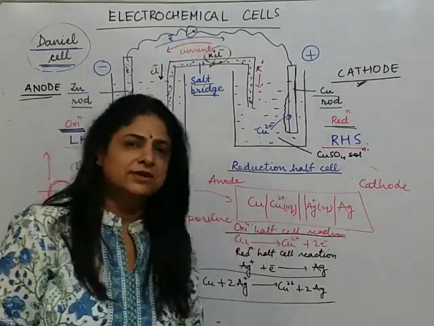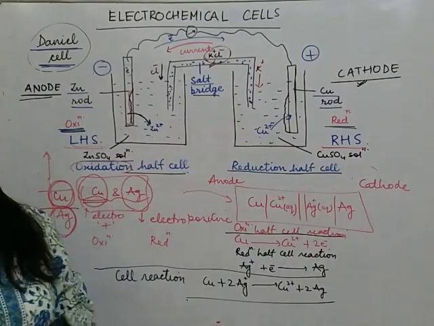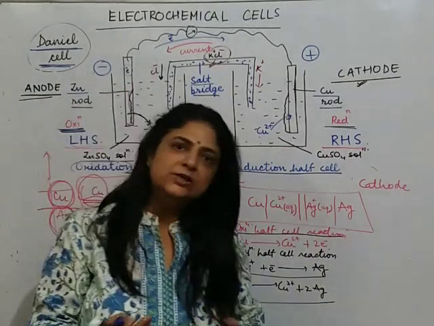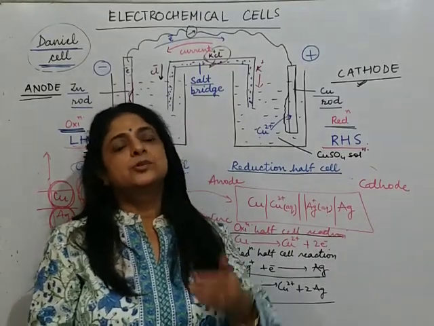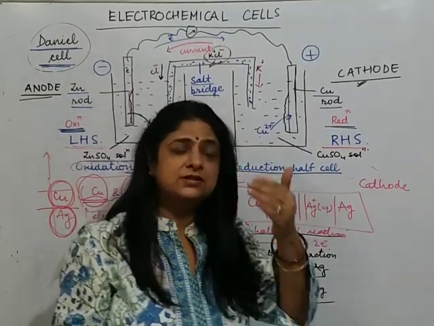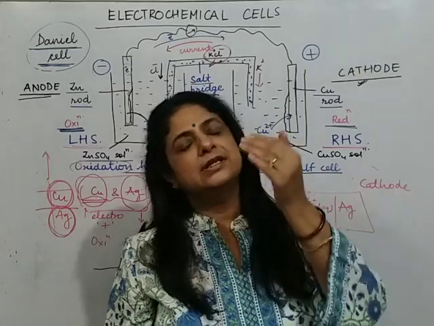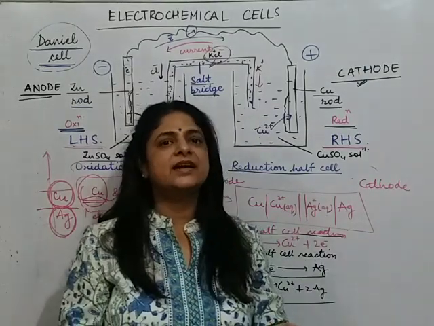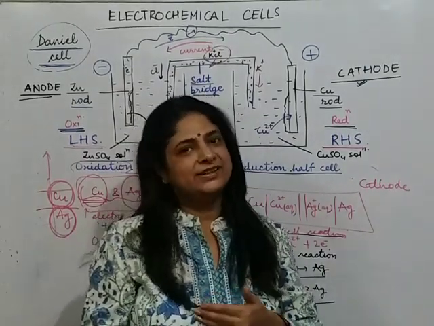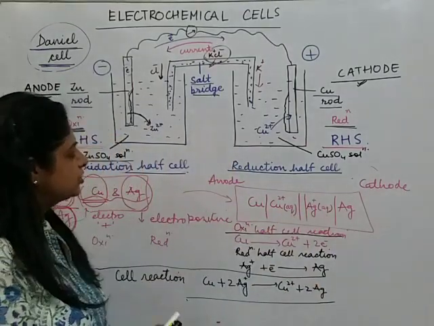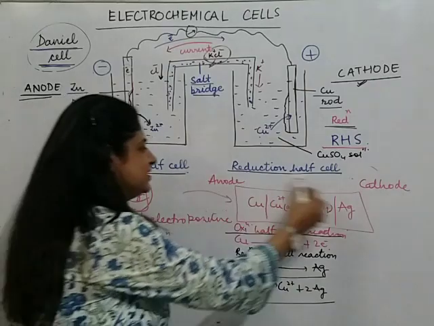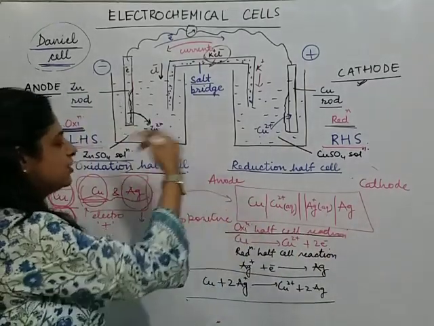and silver. So this is how we can take the combination of any two metals, and on the basis of their relative positions in the electrochemical series, we may decide which of them would act as anode and which of them would act as cathode, and from which we can write the cell notation, we can construct the cell.